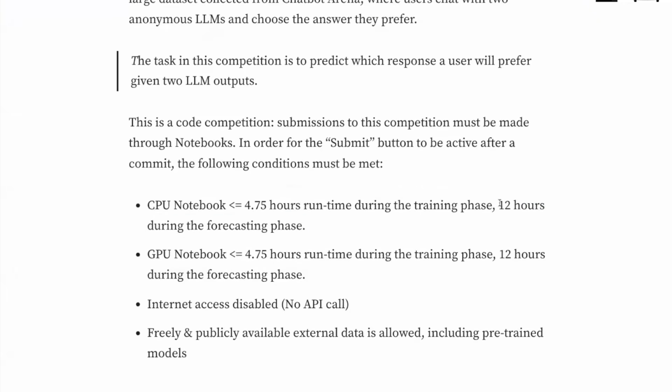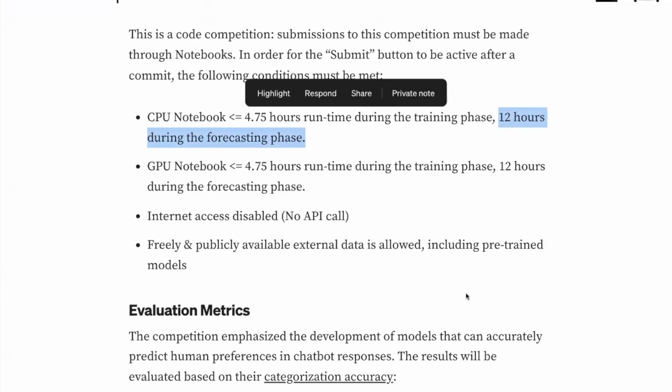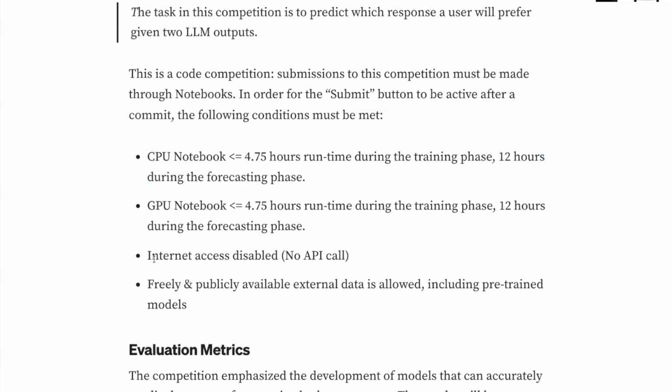I think the inference time is the most important constraint: you need to complete the inference on the test data set in 12 hours. It also does not allow internet calls, so you can't call the OpenAI API or Claude API. There is no API call, so it has to rely fully on the model itself.